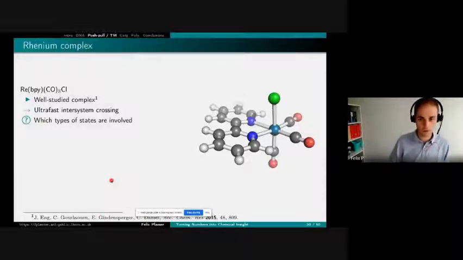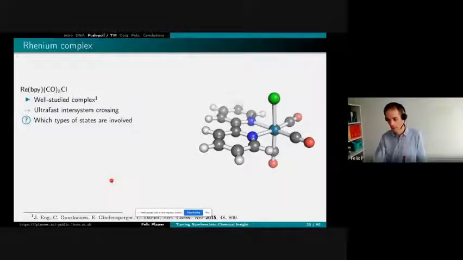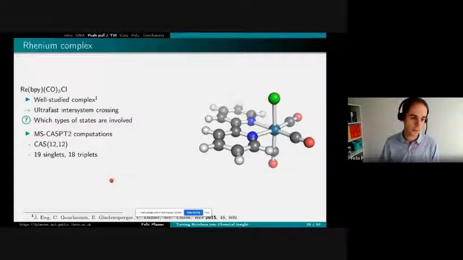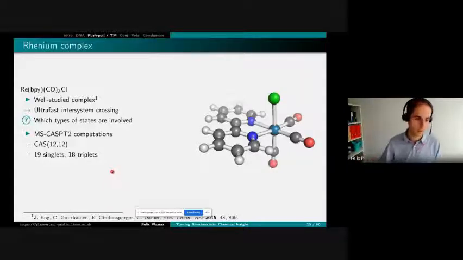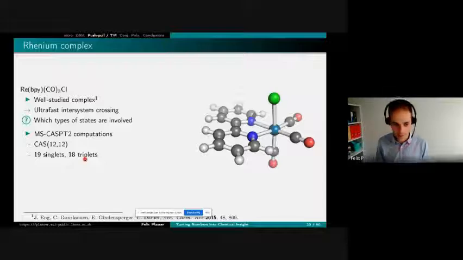And now, again, we compute the excited states and want to know which states are involved. We did MS-CASPT2 calculations, so it's high-level computations. We compute 19 singlet states and 18 triplet states. These things are not easy to compute, but those methods exist.